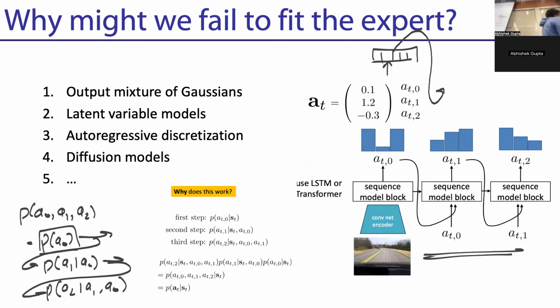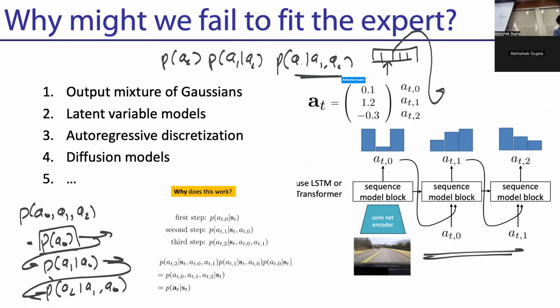One natural question is that the chain rule is fundamentally underspecified. I could break it up this way, but I could also break it up as P of A2 times P of A1 given A2 times P of A0 given A1 and A2. So you can have many orders of the chain rule; which order should I choose? The other thing is that because you're going dimension by dimension, if you scale to something really high dimensional, the number of times you have to go forward through your model scales with dimension.